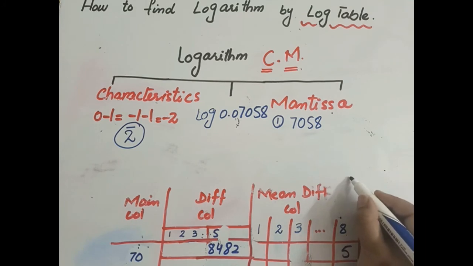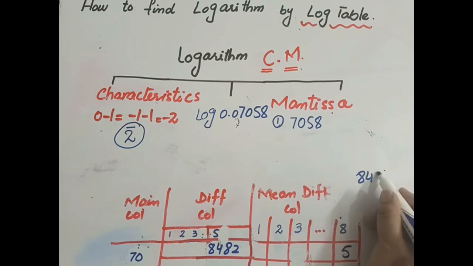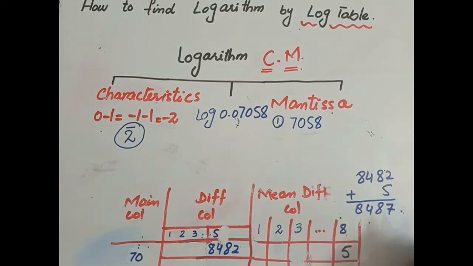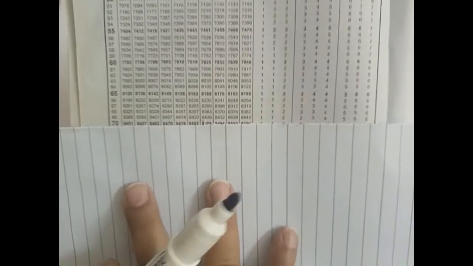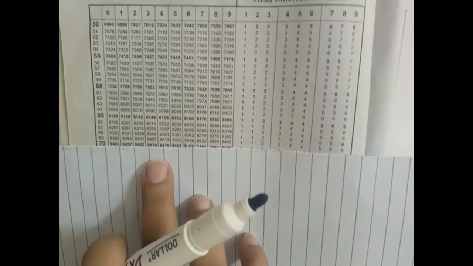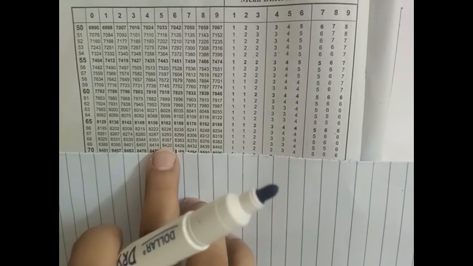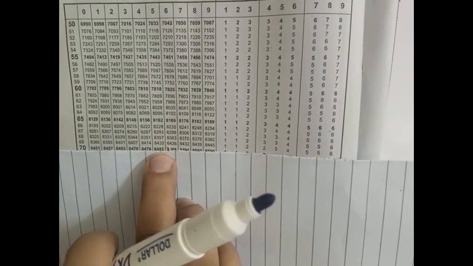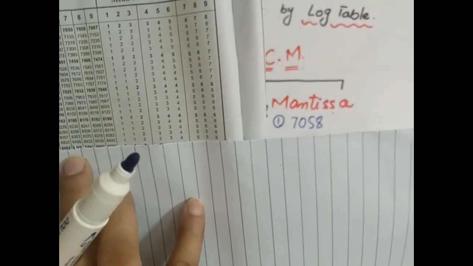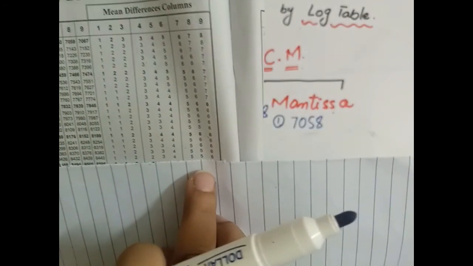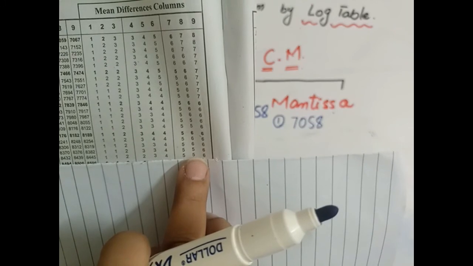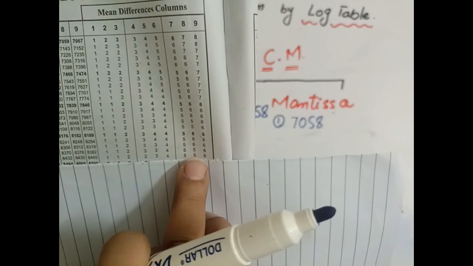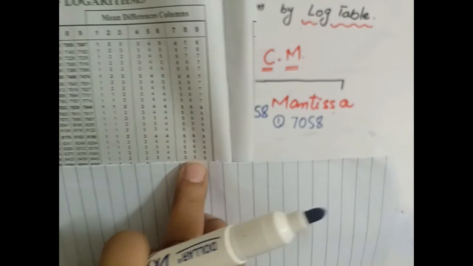So we are going to add 8482 plus 5, so it would be 8487. Here you can see from the book, this is the 70th row and this is the 5th column, so it is 8482, and in the difference table, column 8 has the value 5.